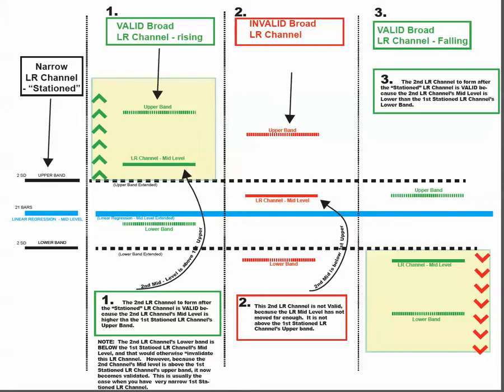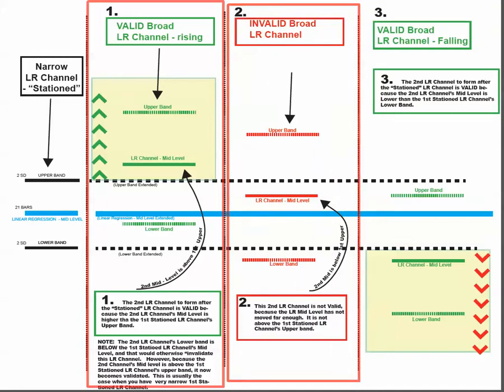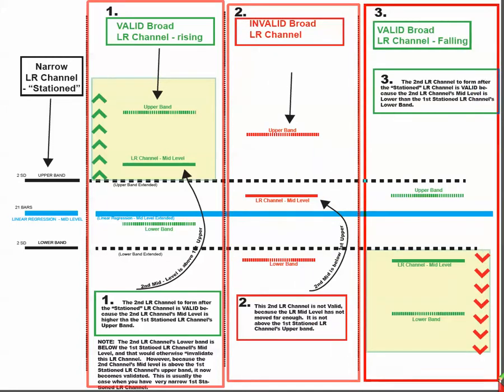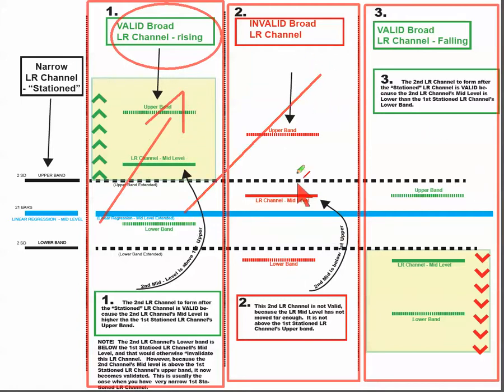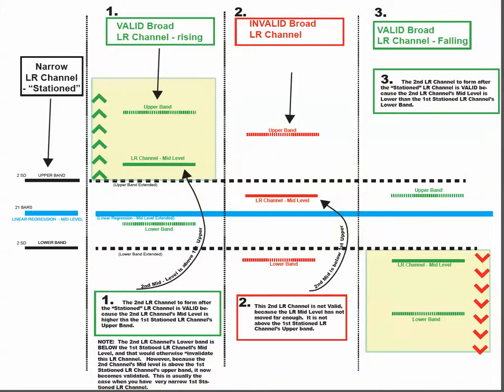It's actually best explained by dividing this into three case scenarios: 1, 2, and 3. 1 is a broadening LR channel that is rising like this. This one is not valid, and this one is falling. Okay, so let's start with number 1.